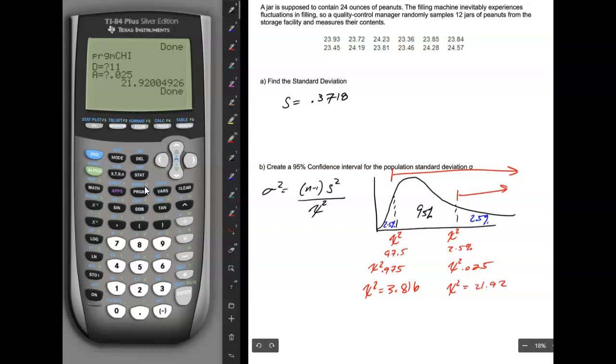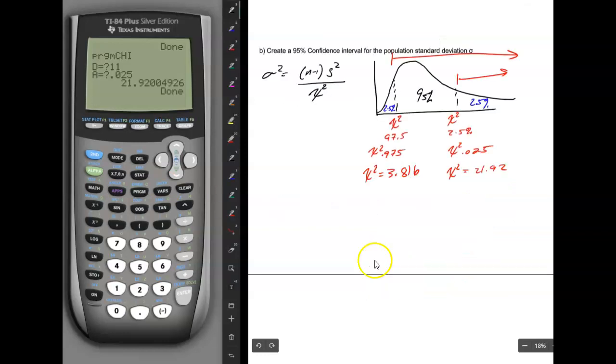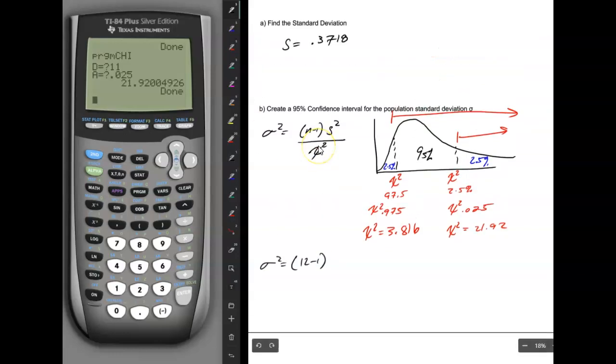All right. So in order to generate our confidence interval, we're going to use the formula that in general sigma squared is, as we said, n minus 1. So in this case, we're going to plug in 12 minus 1. My standard deviation, we calculated earlier to be 0.3718 squared, all over, and then we're just going to go over these two values.